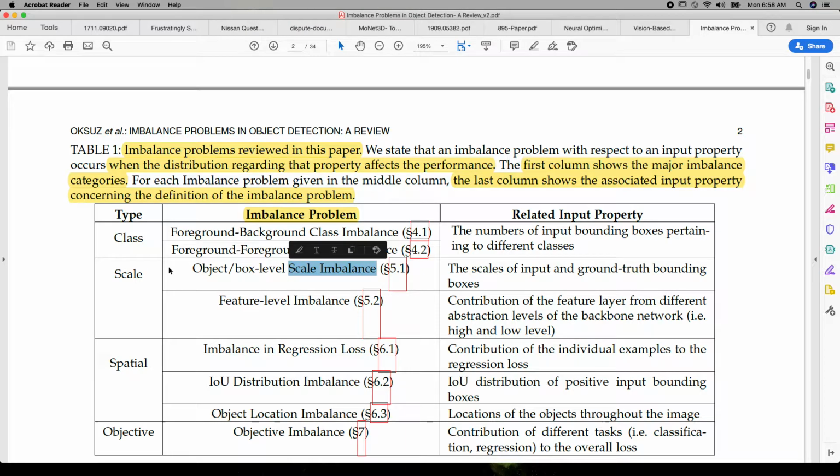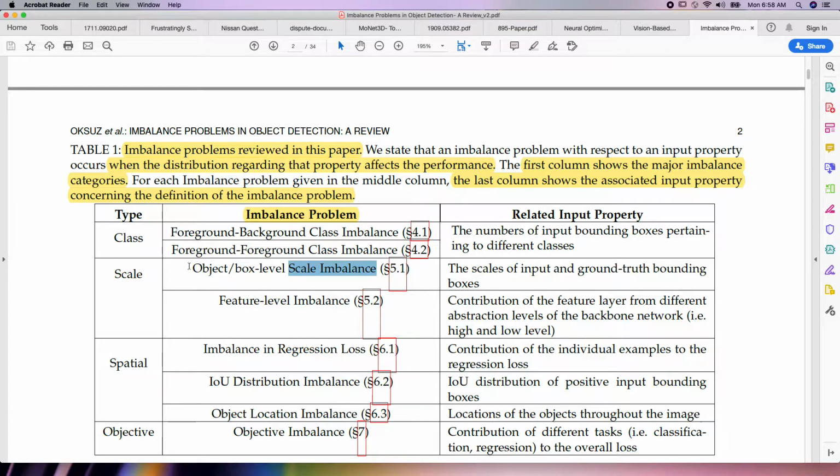For instance, if most of the objects in your data set are maybe 100 pixel by 500 pixel, then you have some of them that are maybe 5 by 10 pixel.